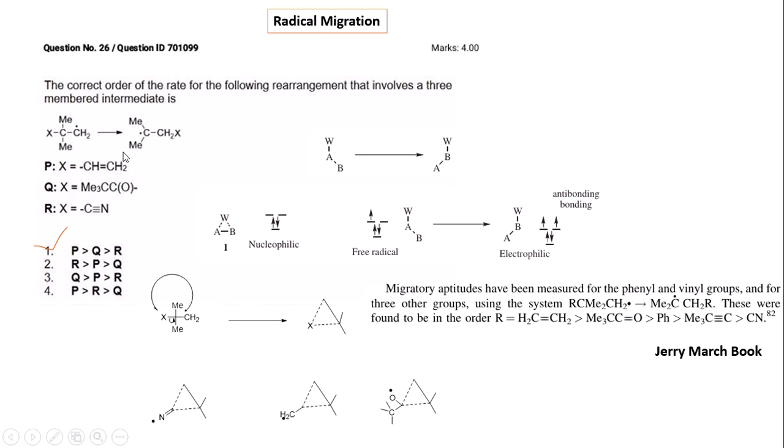So here the electron rich migrating group is the alkene, and the electron deficient migrating group is the cyanide. So the electron rich species has greater migration aptitude. This is taken from the Jerry March book. The migration aptitude order is alkene, carbonyl, phenyl, tertiary butyl, and the cyanide. So the order is P greater than Q greater than R.